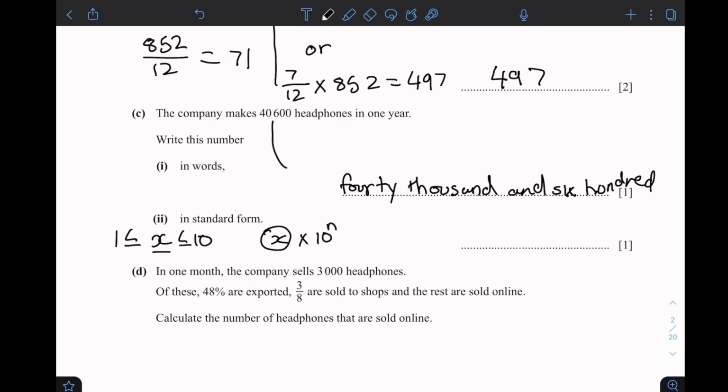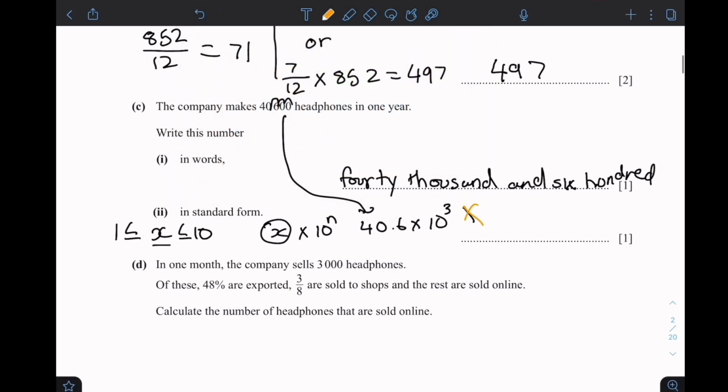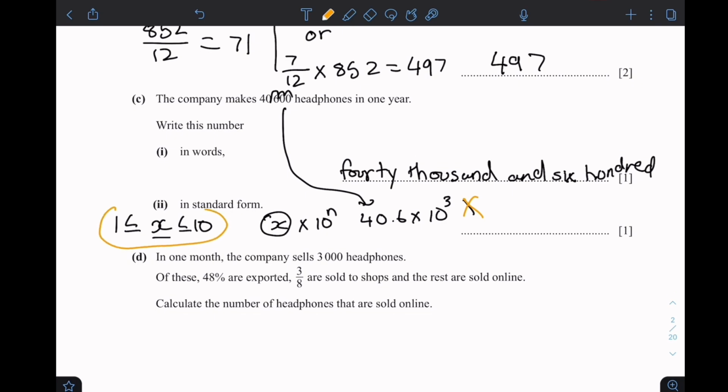So if you want to convert this to standard form, you cannot do 40.6 times 10 to the power 3. You cannot do this. The reason is because, as I said before, it has to lie between 1 and 10. So that's why you have to do 4.06 times 10 to the power 4. This is the answer because this is the value of x, and this lies between 1 and 10. So this is why it's in standard form, okay?